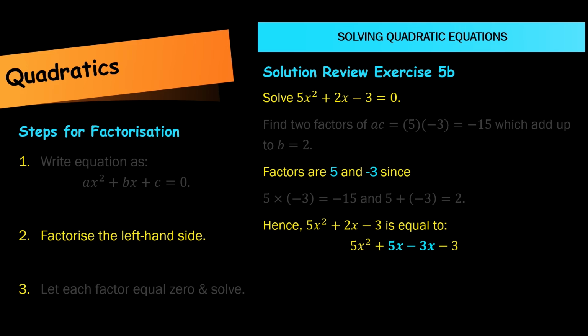And then we can factorize the pairs. So we have 5x times x plus 1 minus 3 times x plus 1. So as you can see, x plus 1 is common.